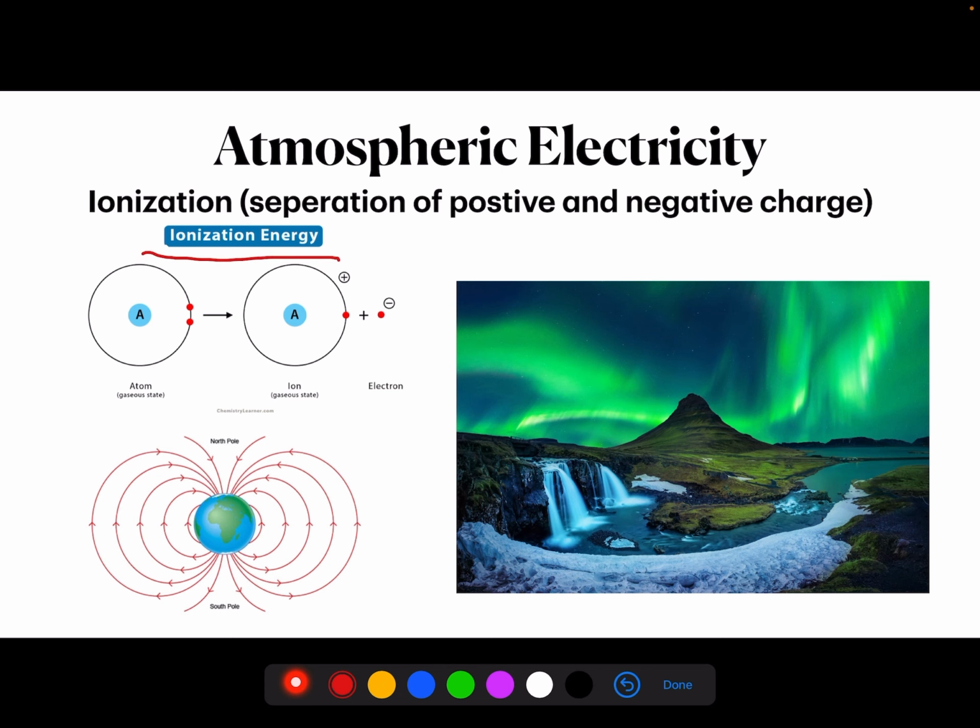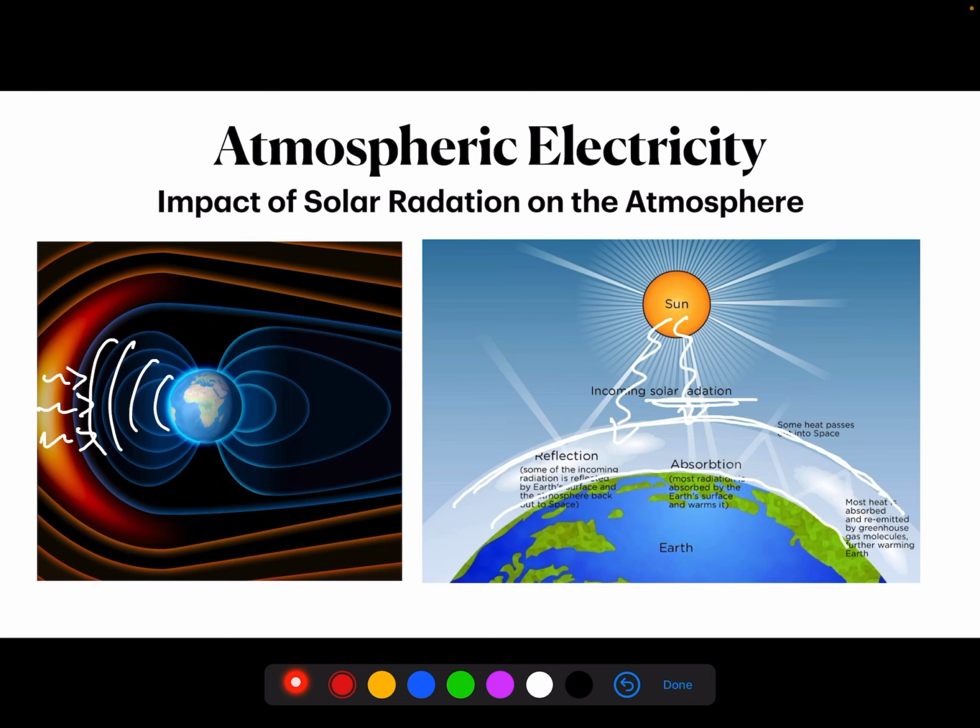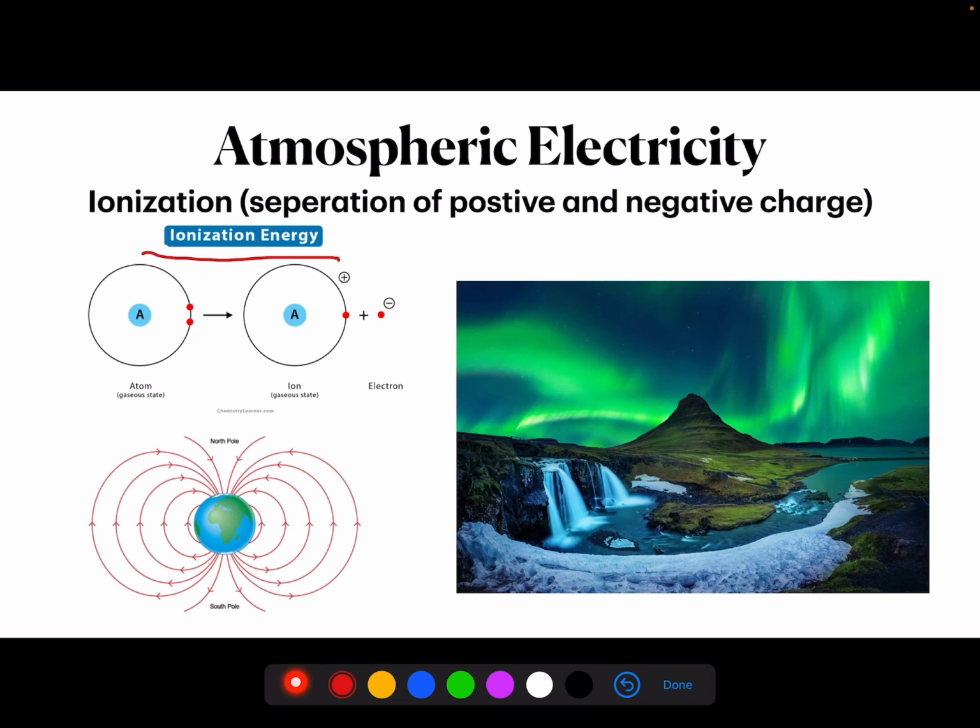Basically the sun's energy comes in. It's an electromagnetic wave. If it has enough energy, and there's a gas molecule in the upper atmosphere, this photon of energy comes in, the molecule of gas absorbs that energy, and it kicks off an electron.